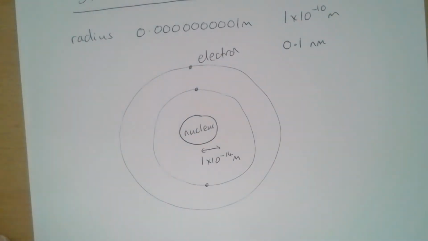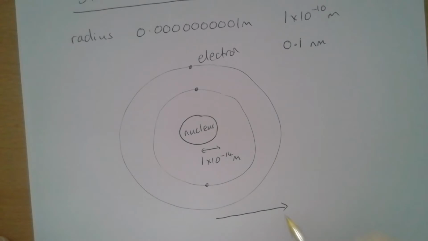And we also need to know that the radius of the atom is 1 times 10 to the minus 10 of a meter. So obviously this diagram here isn't to scale.